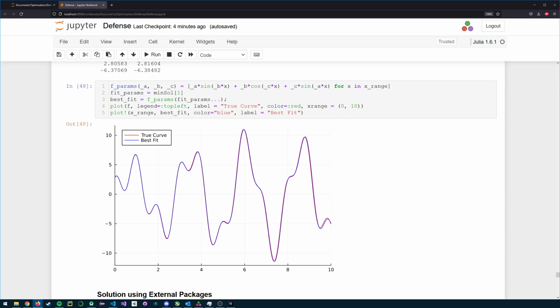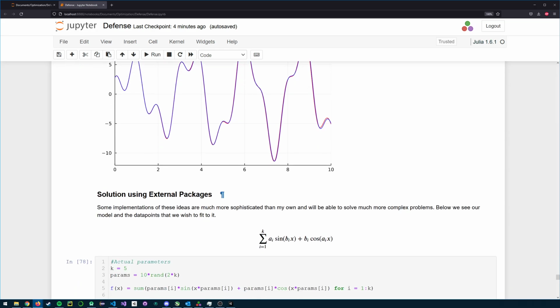And so then, as I alluded to, better implementations of this method exist. So I'm just going to show one of those here. This is not my implementation of basin hopping, but it will come up with a solution in a much more timely manner, just due to the fact that this has been worked on for years and by many different people.